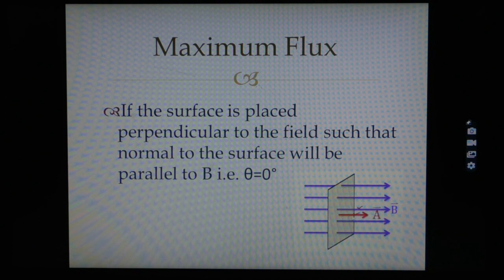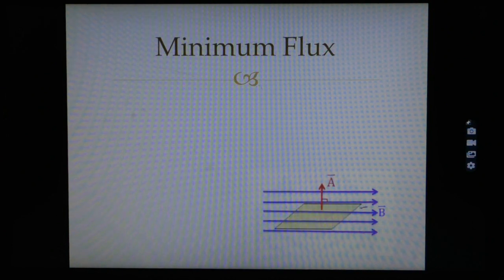This is the direction of area vector, which is along the direction of B. So what would be the angle between B and A? That is 0 degrees. So we put theta as 0 degrees, so cos of 0 is 1. So in that case, magnetic flux is maximum, which is given by B into A.